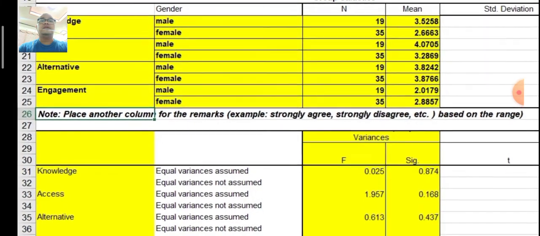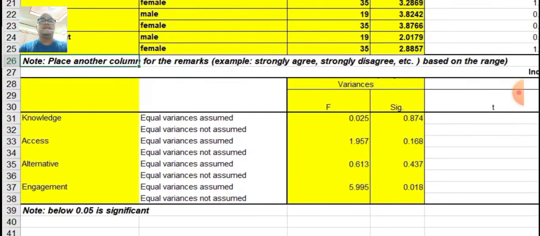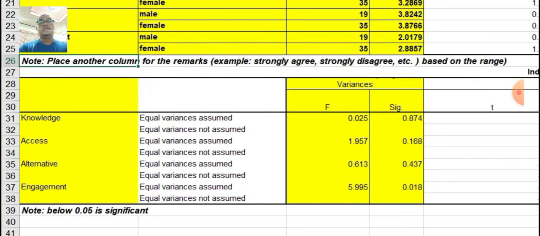Okay, let's go naman sa significant difference. Sa significant difference, makikita niyo yung highlighted portion din dito. Under knowledge, this is only for gender. We would like to know if female and male have different or similar or no differences in terms of responding to the survey.